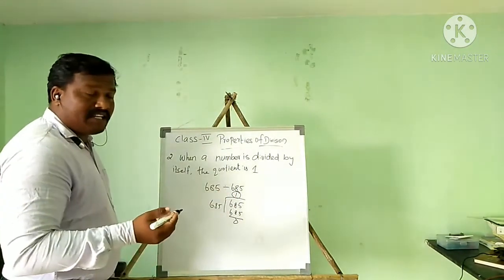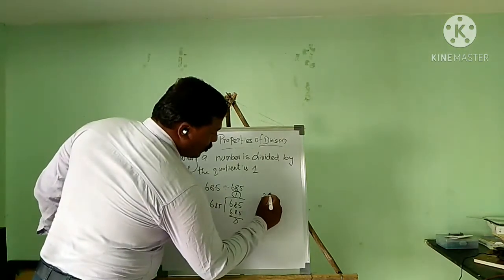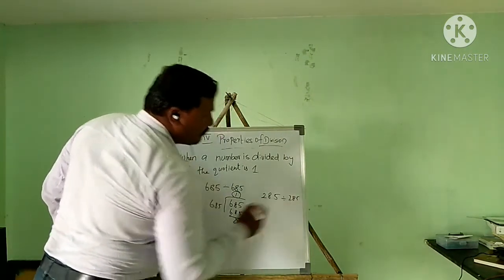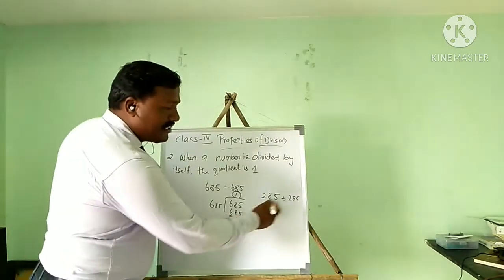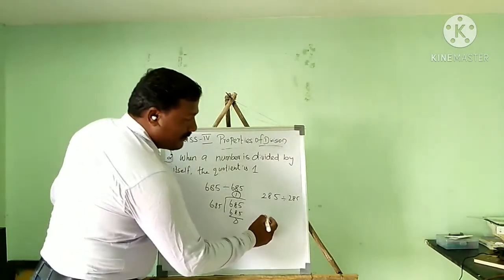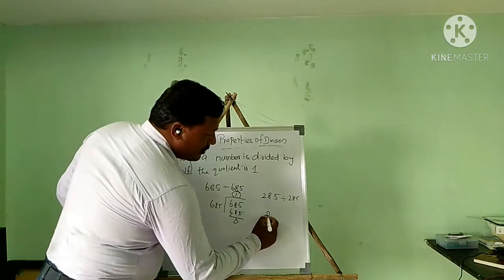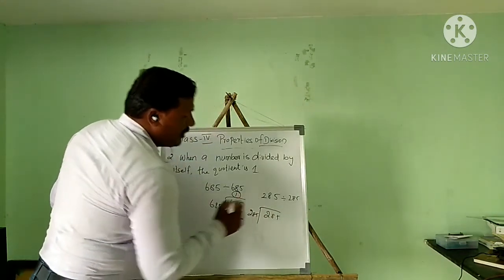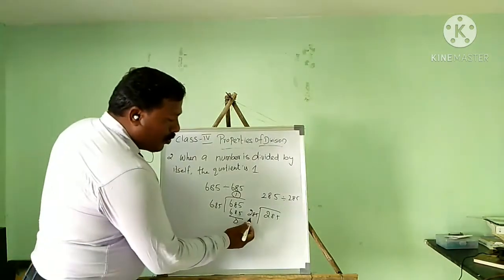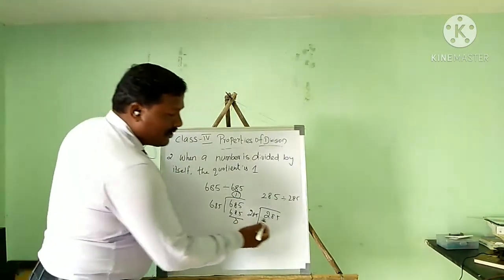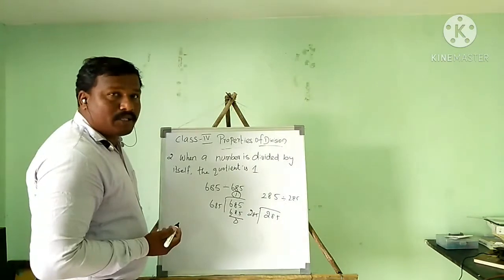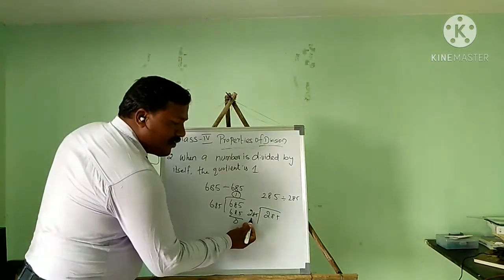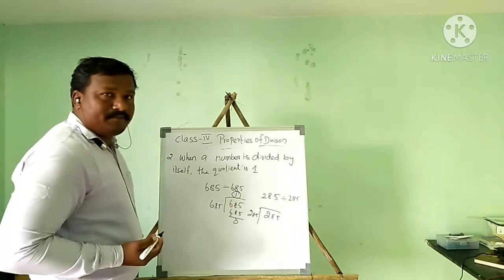Let me take another example: 285 divided by 285. 285 is the divisor and the same number is the dividend. Now we want to find out how many 285s are there in this dividend.